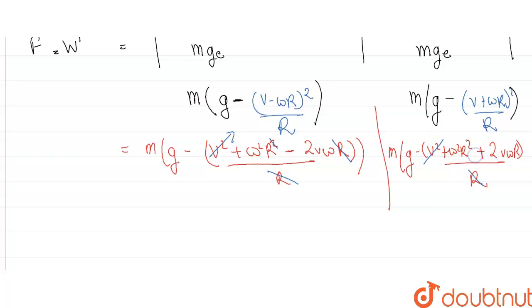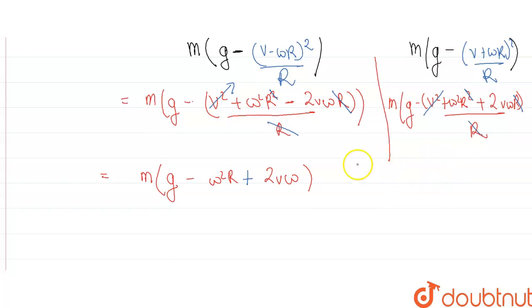Now if we solve this, a clearer picture comes out to be g minus omega square r, and this negative sign would give us positive 2v omega. Getting it.